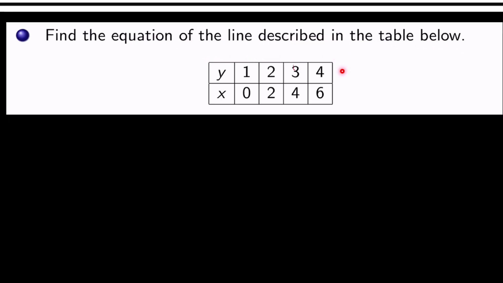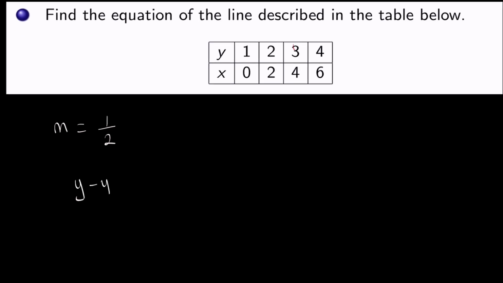This table is the same table we used to solve the previous question. From the previous question, we know that the gradient m was given as 1/2. Now to find the equation of a line, we use the formula y minus y1 is equal to m(x minus x1).